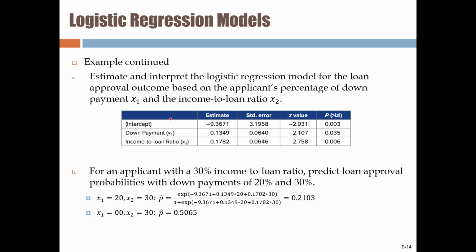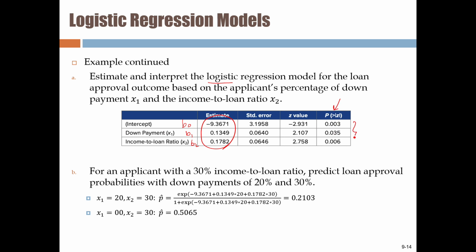Even though this is a logistic regression, it looks the same as a regression. So you will have the estimates, which are B0, B1, and B2, and this is the standard error and z value. Again, we will look at the p value.